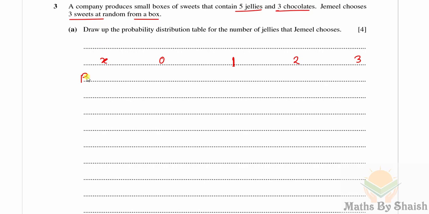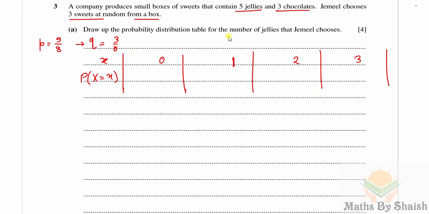Now for the probability distribution table, we need to find the corresponding probabilities as well. It is like a binomial question. The probability of success, here the probability of getting jellies, is 5 over 5 plus 3, which is 5 over 8. Not getting it is going to be q, which is 3 over 8. But since he is taking the 3 sweets without replacement, every time it would be reducing.